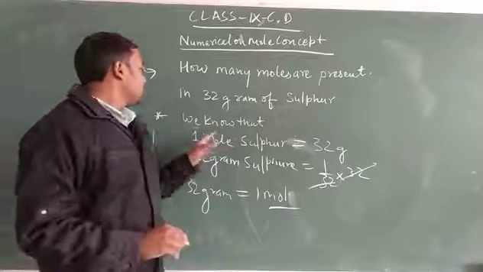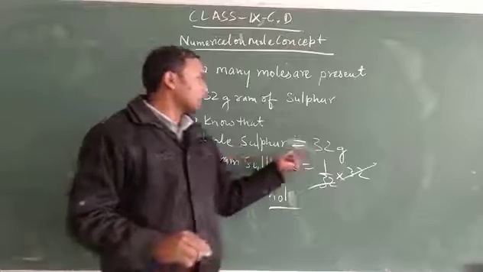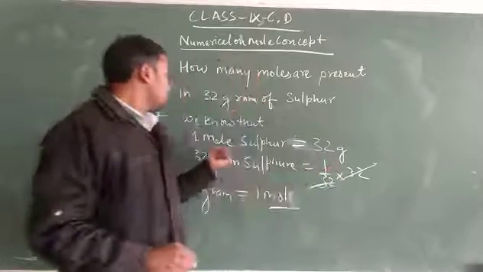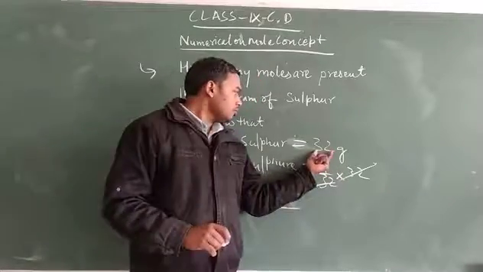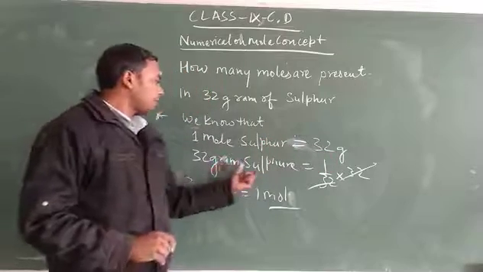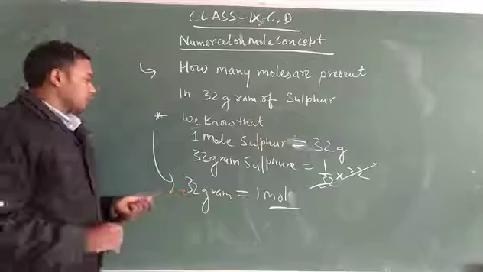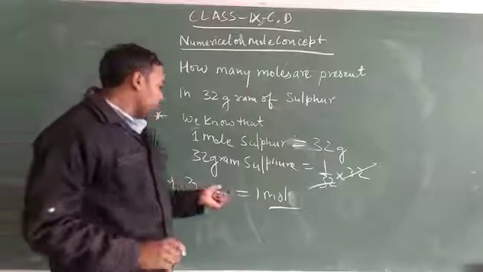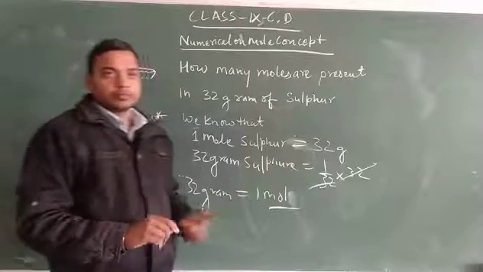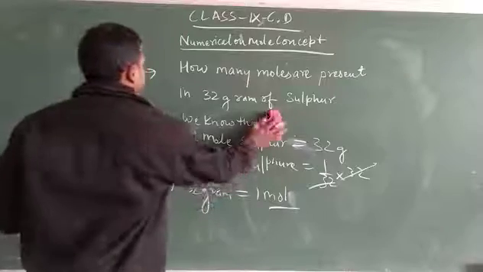We know that 1 mole sulfur or any atom is equal to their gram atomic mass. So here 1 mole sulfur is equal to 32 gram, and then 32 gram sulfur is equal to 1/32 into 32 gram. That's equal to the 1 mole. Next question.